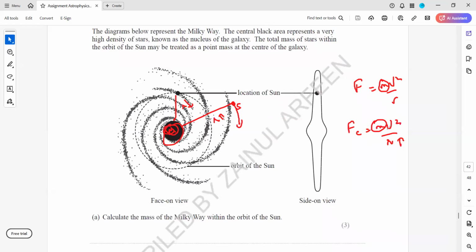So if r is increasing, the centripetal force, because if you compare the centripetal force and r is equal to v squared, considering m is constant, m is not changing. So as the radius is increasing, what should happen to the velocity?